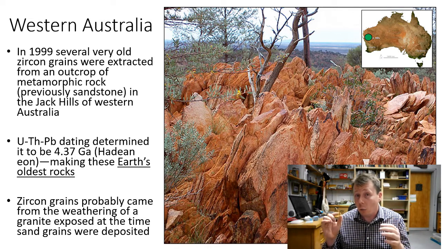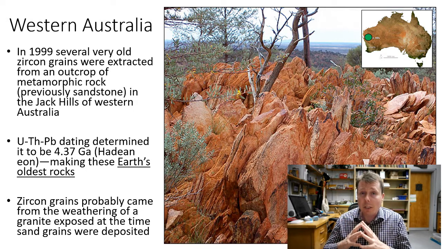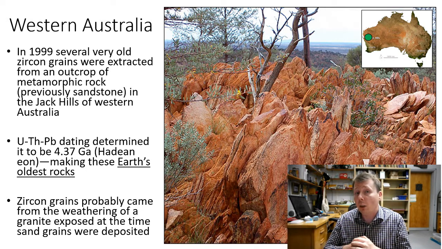So this one crystal, throughout the span of its life, experienced each of the major rock types as it existed so long on the Earth's surface. So the actual age of this is 4.37 billion years old. And I think scientists probably knew about it a little bit before 1999, but they really wanted to make sure they were properly age dating this and get more samples before they said definitively this is the oldest rock.